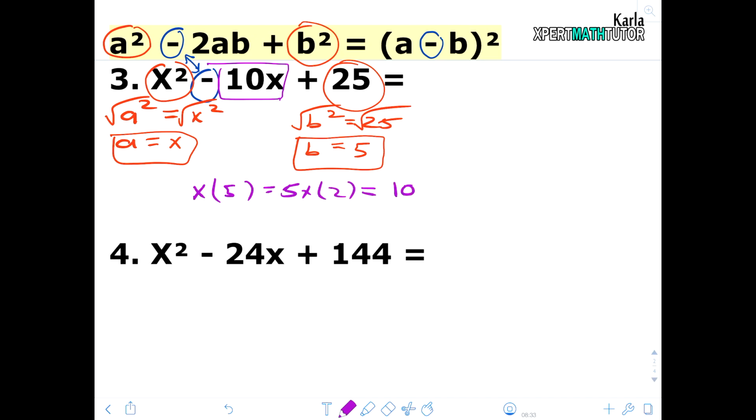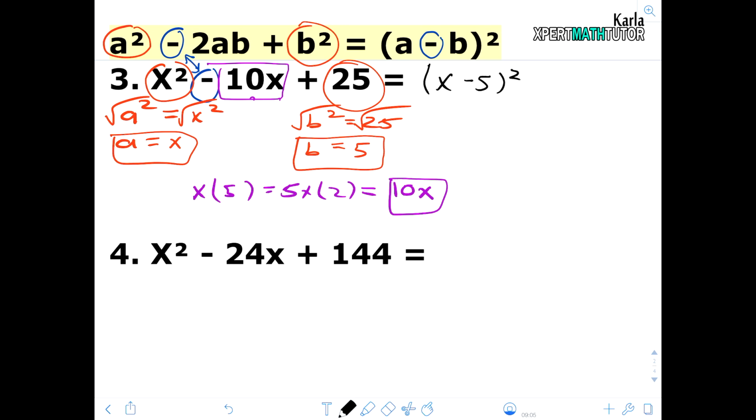Now if we double it by multiplying by 2, we'll get 10x, which is the middle term. So we can say x squared minus 10x plus 25 equals x minus 5, the quantity squared.